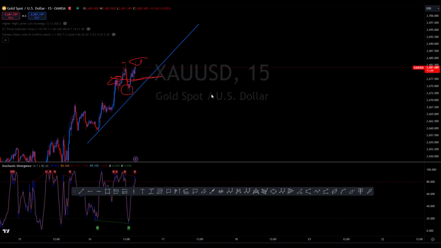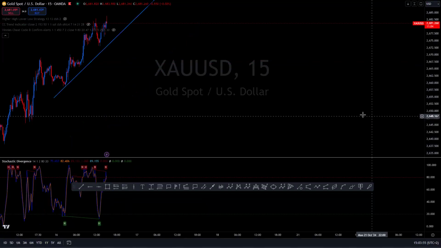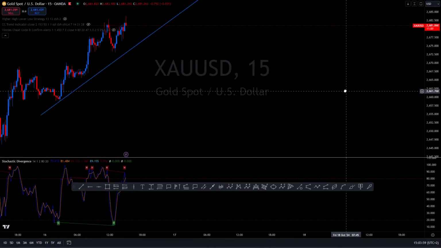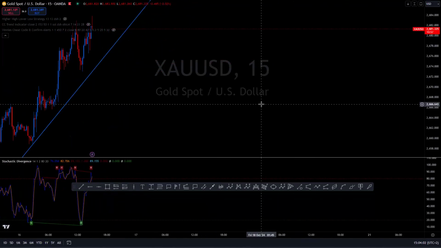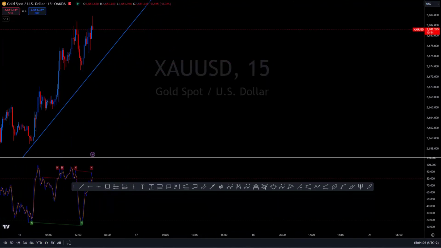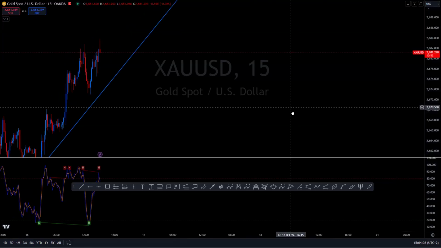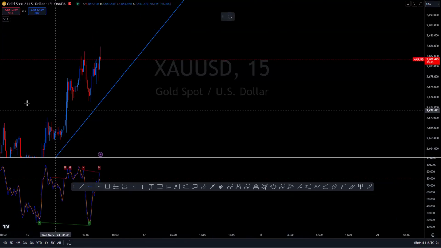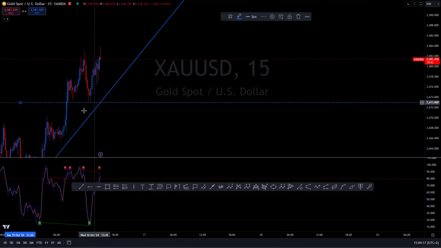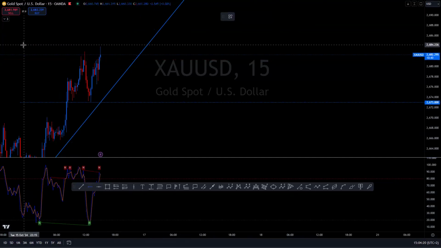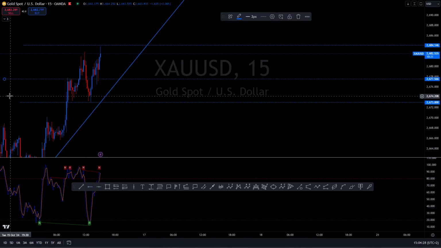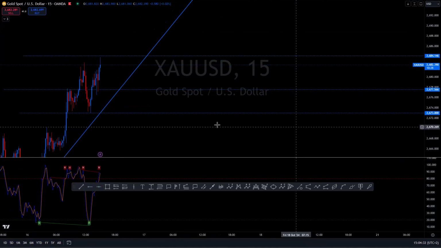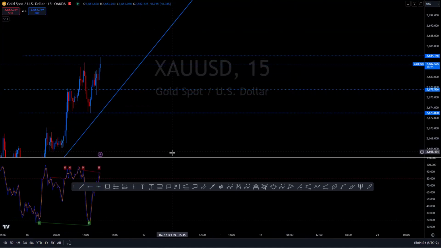The first thing I'm going to do is zoom in on price just a little bit so we can see it. I'm going to put most recent swing low here, most recent swing high, and breaker structure right around this area. That's what I see currently.